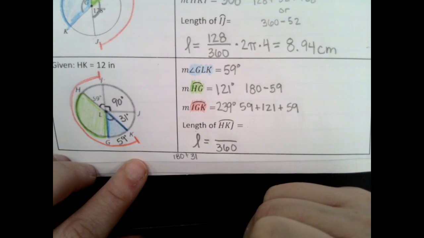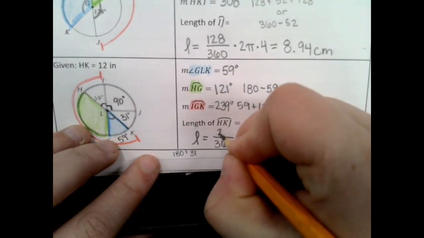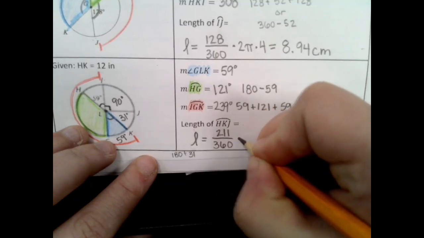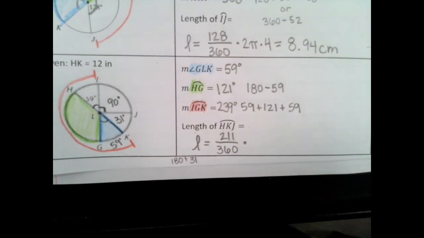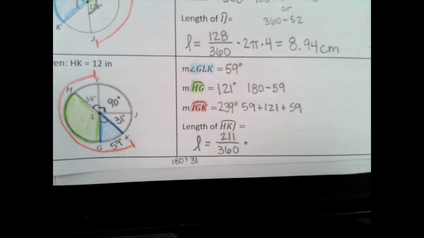I did this wrong last year. What's 180 plus 31? No, I did it right. 211. Okay, now for the rest of the formula, we're thinking, is this going to be pi times diameter or 2 pi r? You got it.